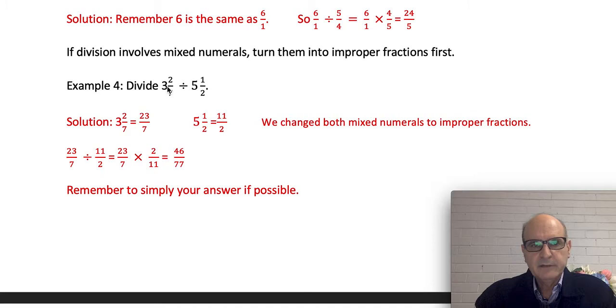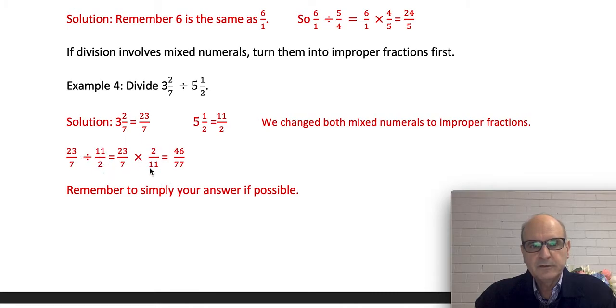Now, rather than dividing these two mixed numerals, we are going to divide their improper fractions. So we have 23 over 7, which is the same as 3 and 2/7, divided by 11 over 2, which is the same as 5 and 1/2. Again, keep the first fraction, change the division into times, and flip the second fraction.